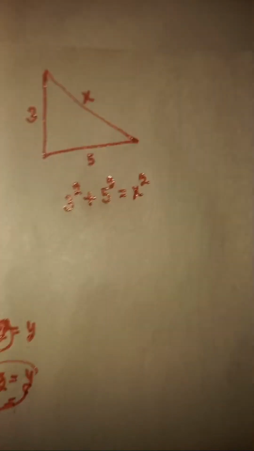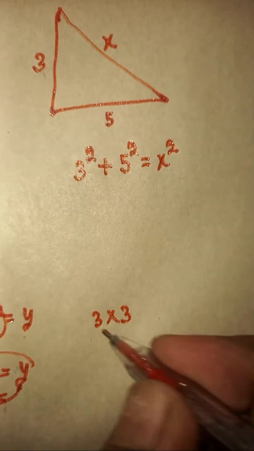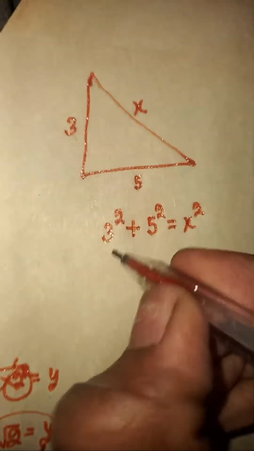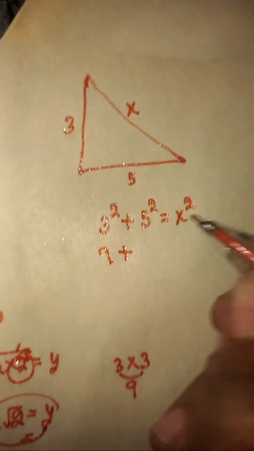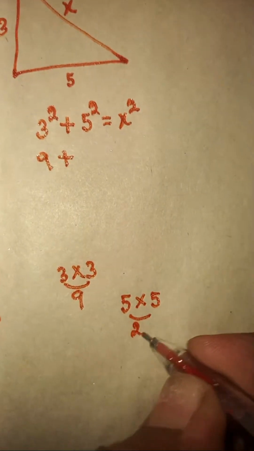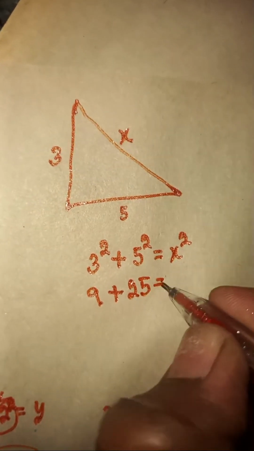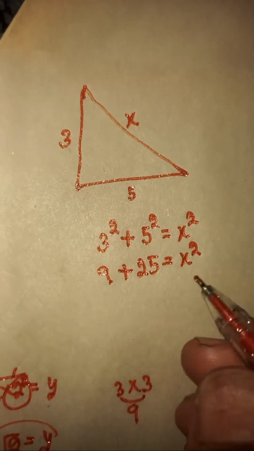Now 3 square means 3 times 3, which is 9. So write this 3 square as 9, and 5 square, 5 times 5, becomes 25. So this 5 square becomes 25, which is equal to x square.